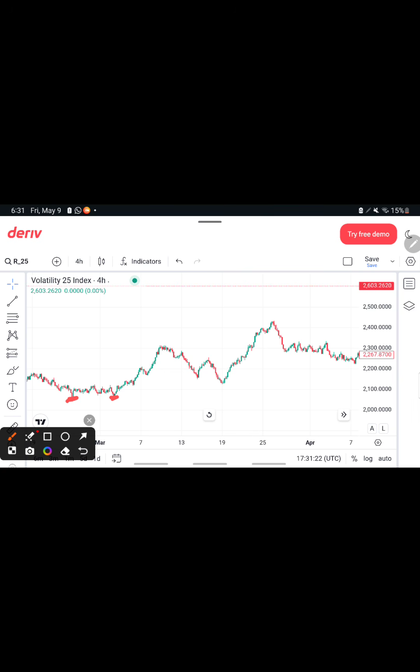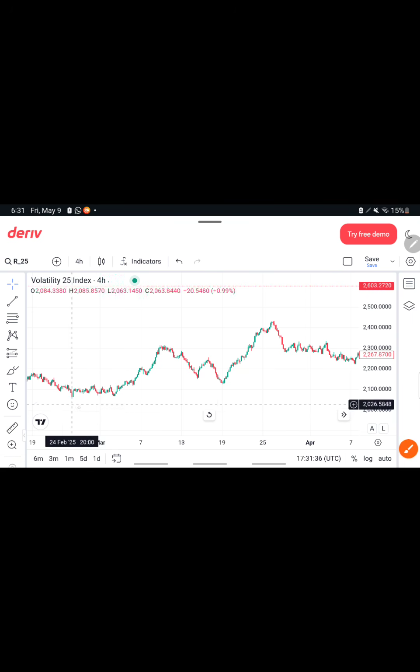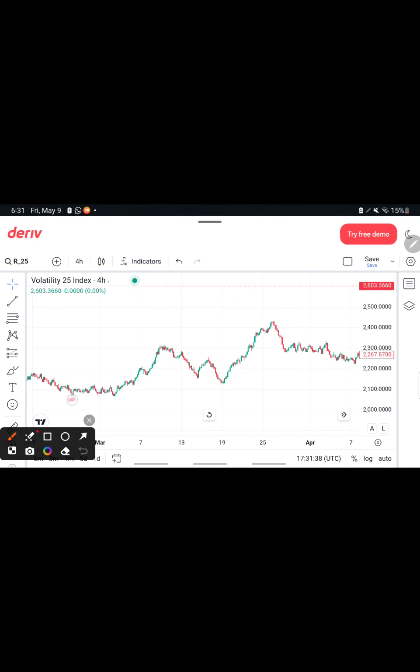You can see one green candle here that engulfed the previous sell, and then the market came back to form a double bottom here before it started going up.